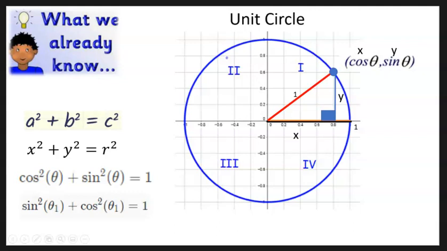This is well known as the Pythagorean identity, and this is true for all values of theta in the unit circle.